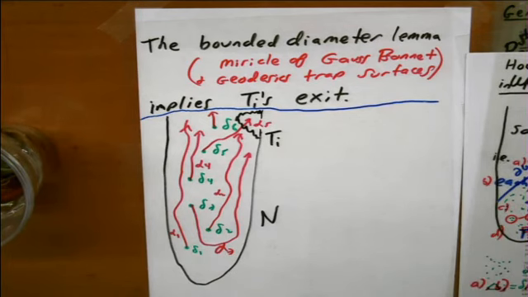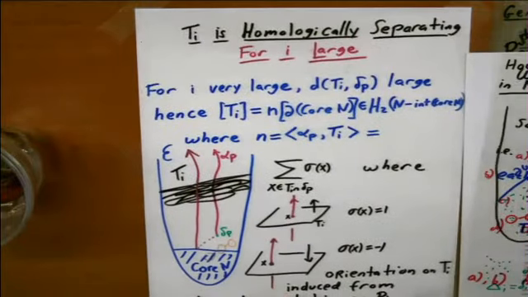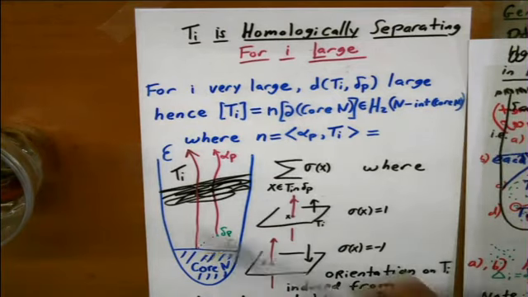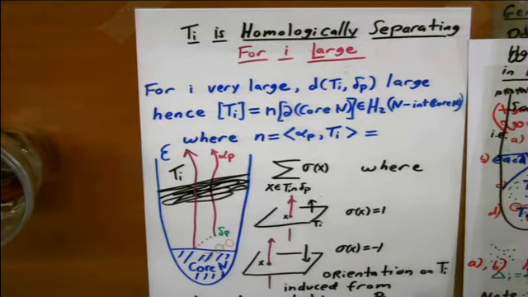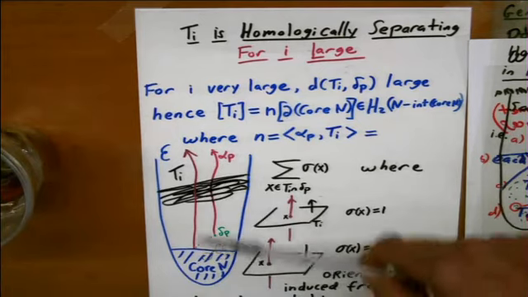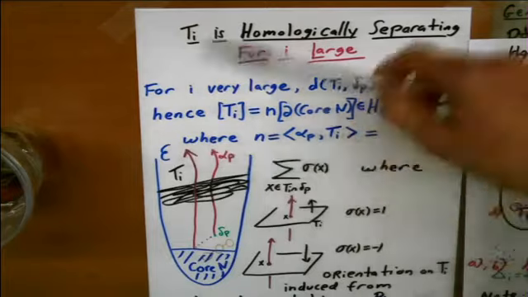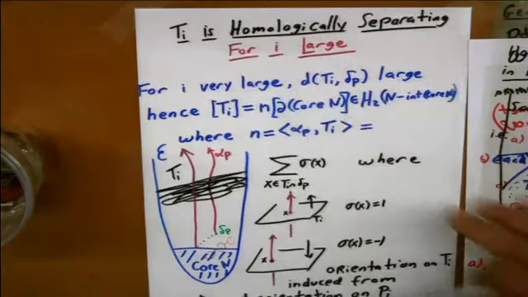And then there's the business of why it is homologically separating. Again, we're guided by the proof of Dick Canary's theorem, where, how do you measure what homology class this surface represents? Well, you look at a ray that goes out from the core to infinity, and you calculate the algebraic intersection number.